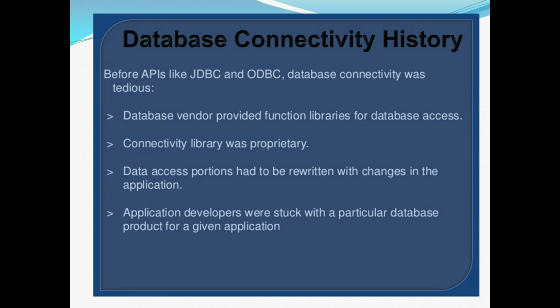That connectivity library was proprietary, and the data access portions had to be rewritten with changes in the application. So if there is any modification in the application, each and every time you have to rewrite the code, and application developers were stuck with the particular database product for a given application.